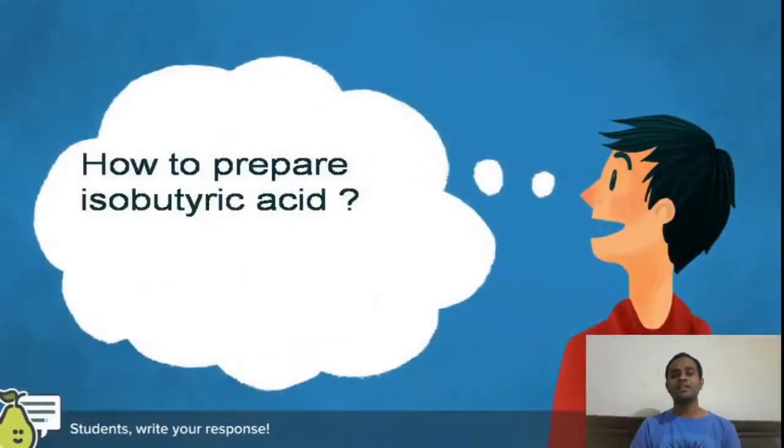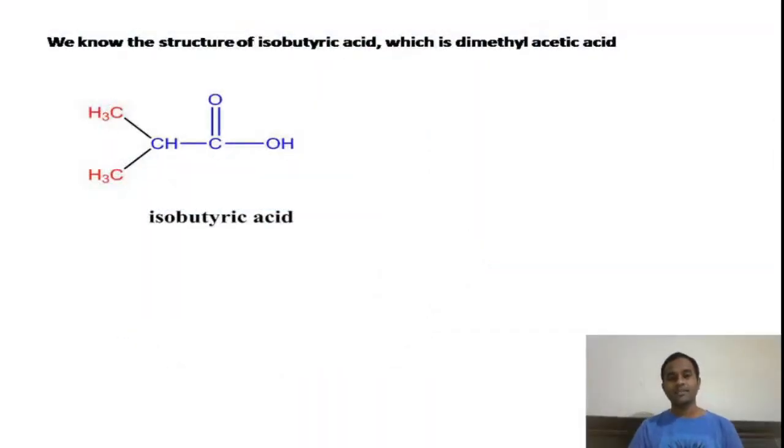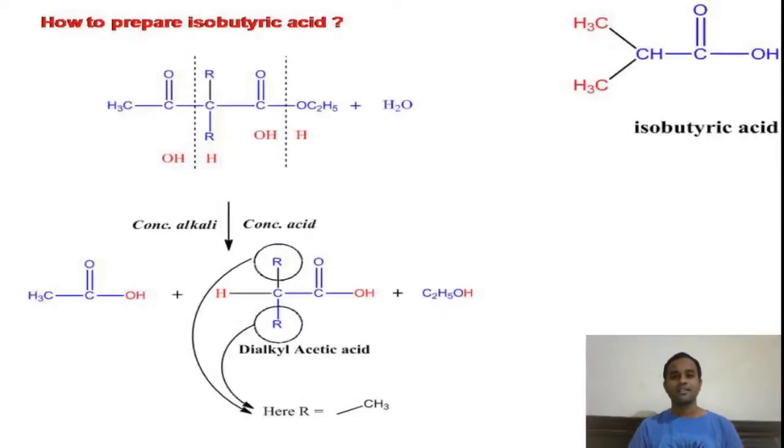And here is a question for you: how to prepare isobutyric acid? For that, we must know the structure of isobutyric acid, which is also known as dimethyl acetic acid. This is isobutyric acid, dimethyl acetic acid, right?